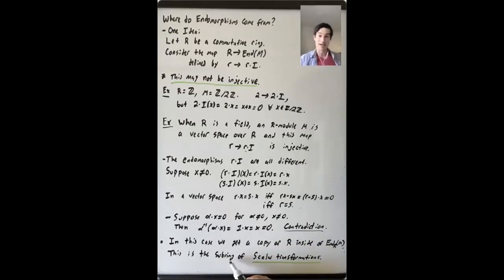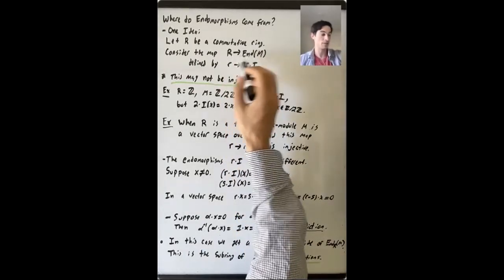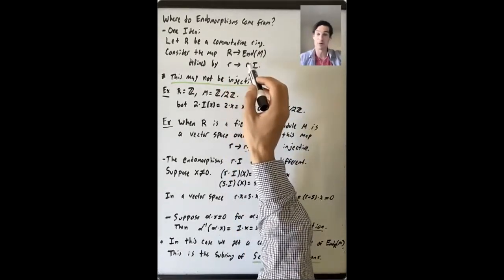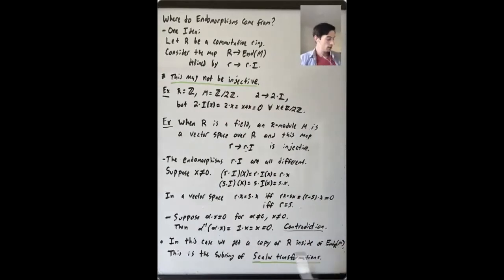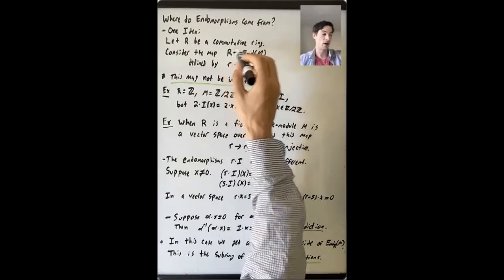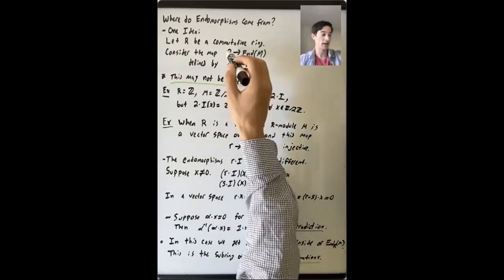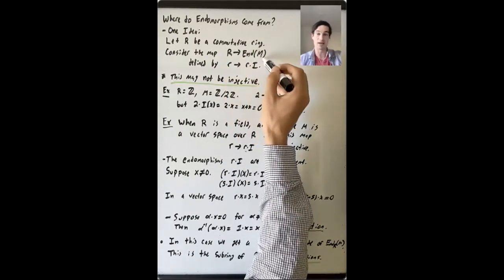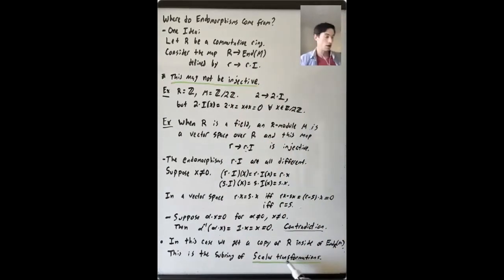This is a subring. Really, we have one element in the endomorphism ring for each element in our ring R. So R is inside of this endomorphism ring as a subset. But in fact, this map is more than just a map. It's a ring homomorphism. So we actually get an injective map from the ring R to this endomorphism ring. So the image of R is a subring of the endomorphism ring. This subring is called the subring of scalar transformations.